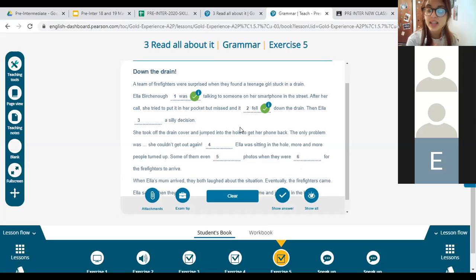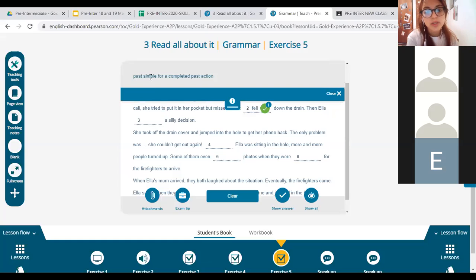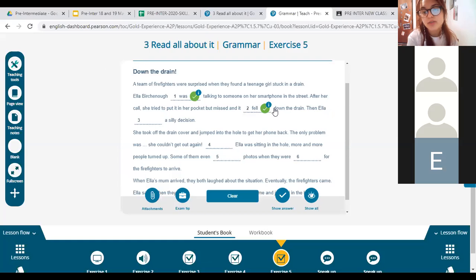They fell down the drain. So what happened? She's talking, and then when she wants to put it in her pocket, boom, it fell down the drain. We need to use the past simple because it's a completed past action, and the word down means that we need fell down.